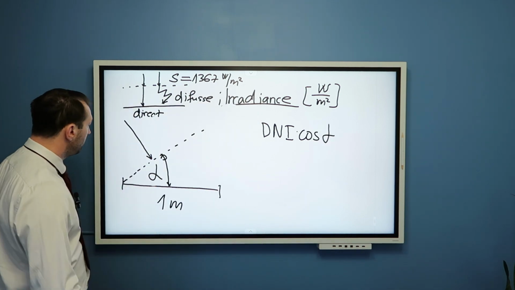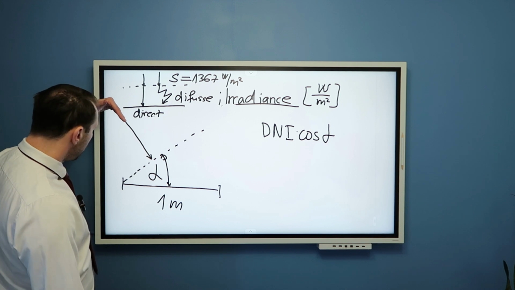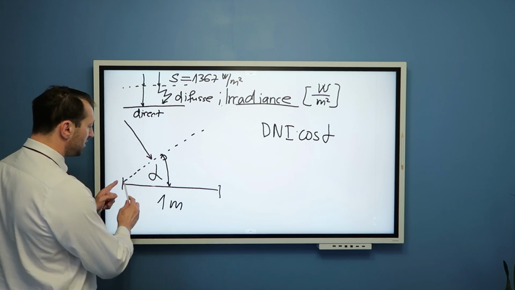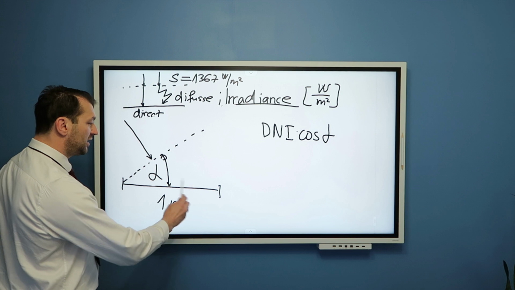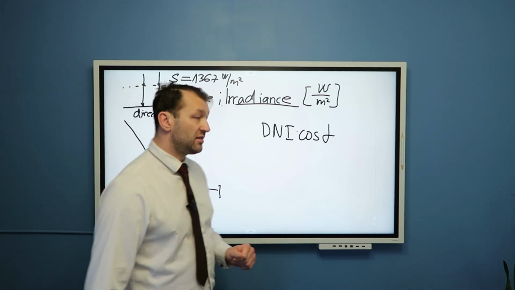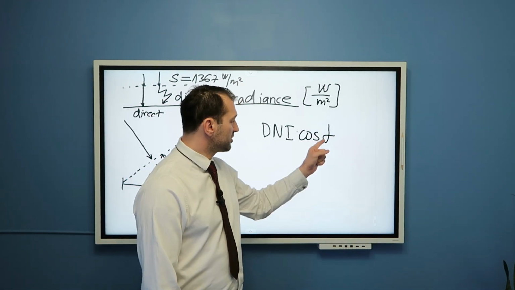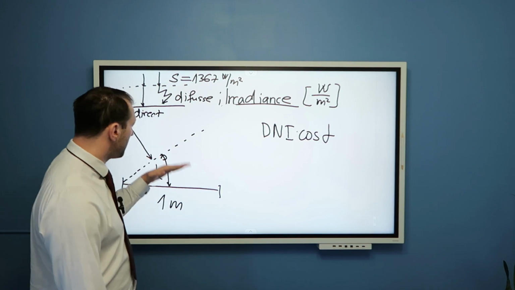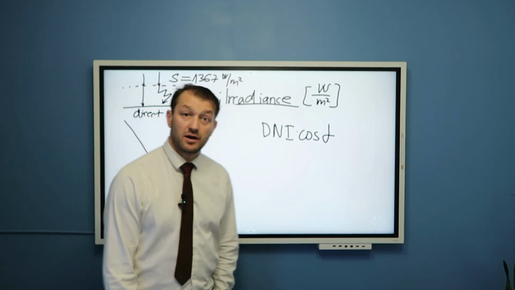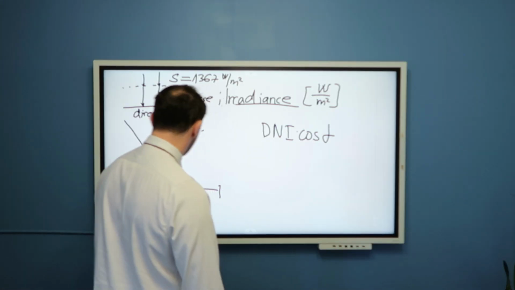Cosine of this angle alpha is the amount of direct solar radiation that is reaching this horizontal surface at different latitudes. Because as I said, this angle alpha will be different for different latitudes on our planet.